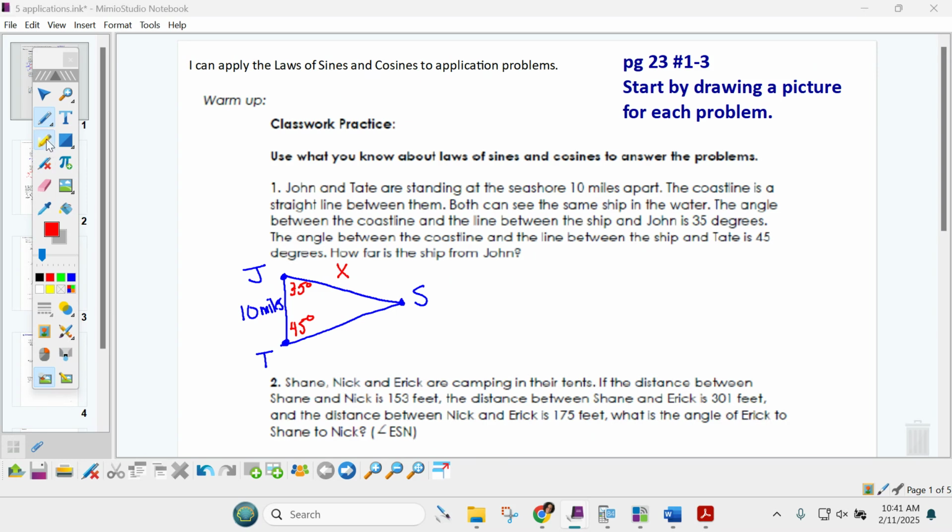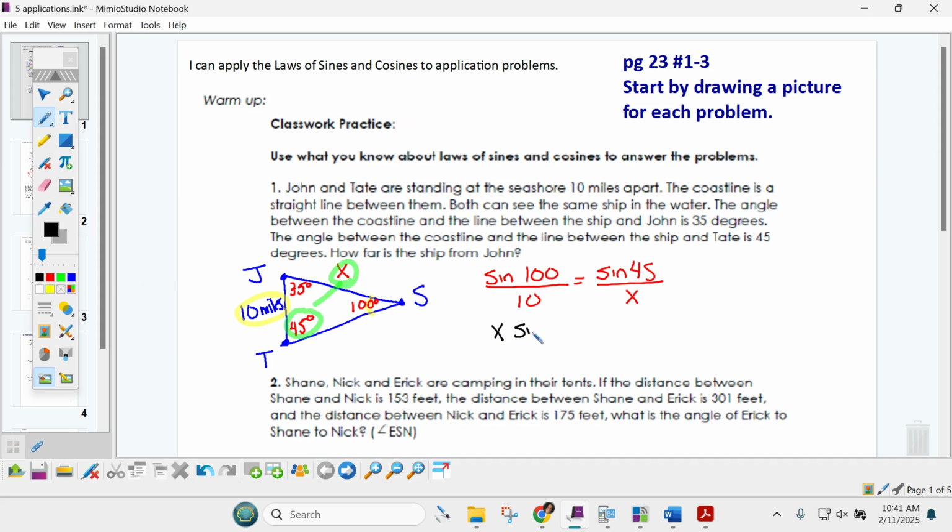All right, so I have an angle side pair, 45 and x. I need the angle at the ship because that's across from the 10. I can add these and subtract from 180 and get that this missing angle is 100 degrees. So now we can use law of sines to find x.